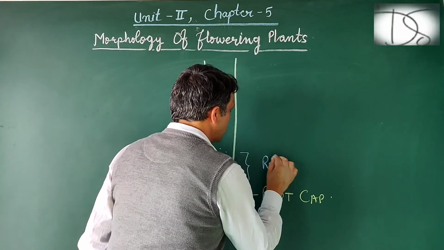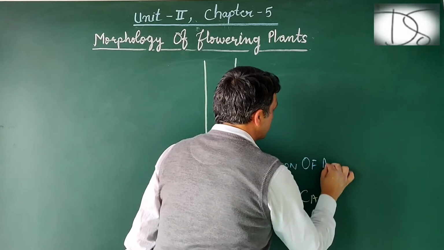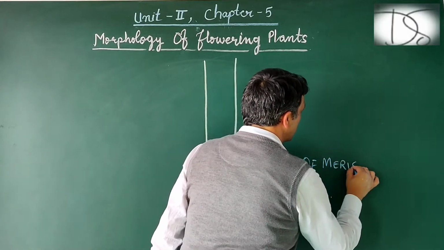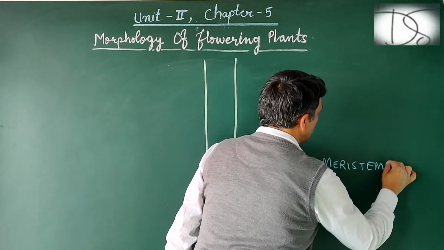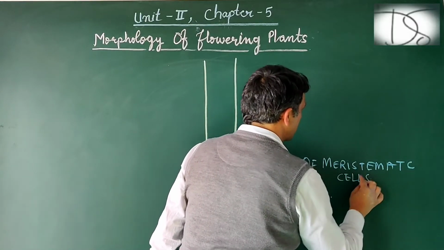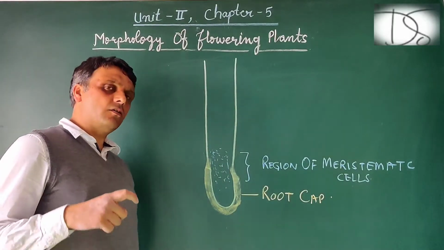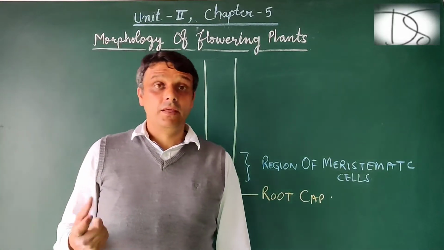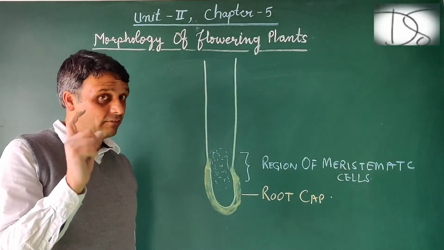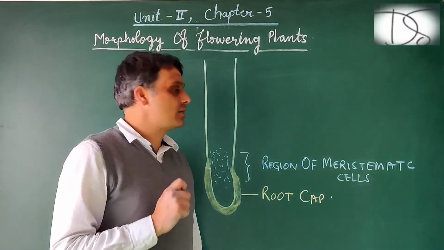We may call it a region of meristematic cells. The meristematic cells are some specialized cells which continuously keep on dividing, and meristematic cells are thin walled and have dense cytoplasm present within them.